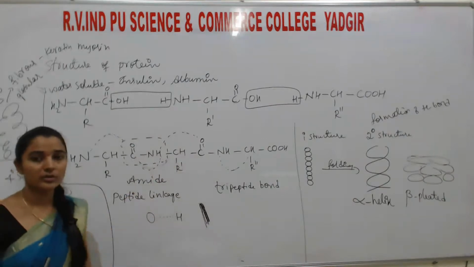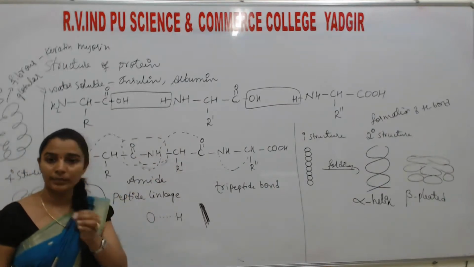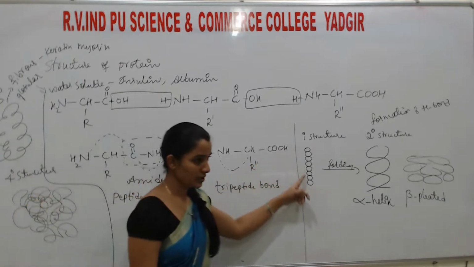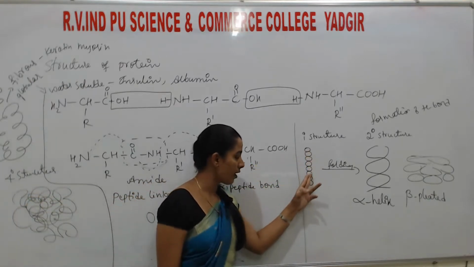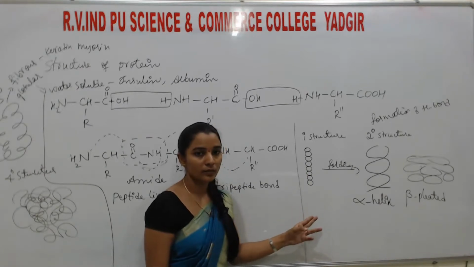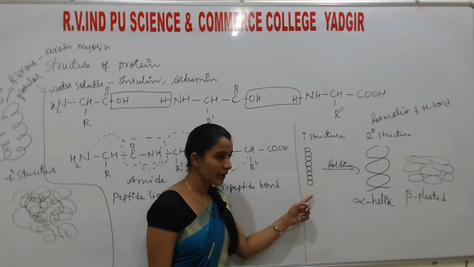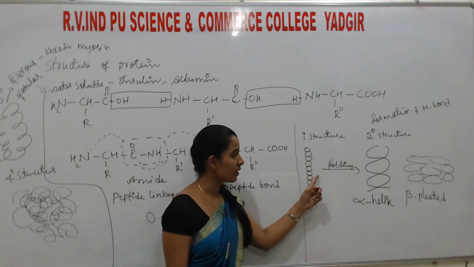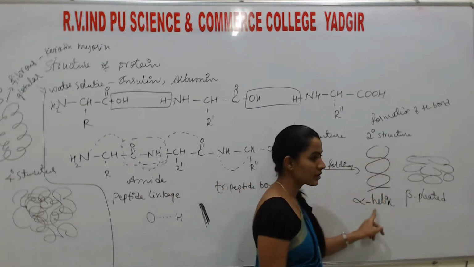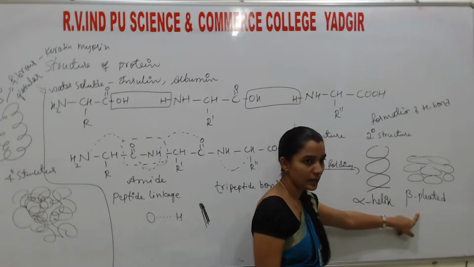Similarly, based on the number of amino acids, they are classified as polypeptides. So this is the primary structure: arrangement of alpha amino acids in a regular pattern. If hydrogen bonding takes place in the primary structure, they get some shape. That is the secondary structure. One is alpha helix, another is beta helix.